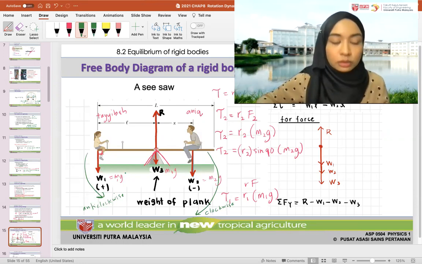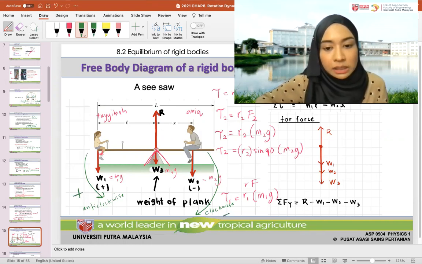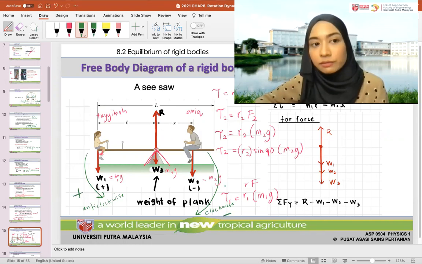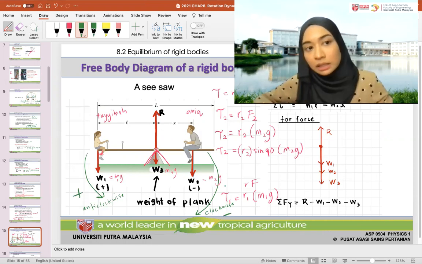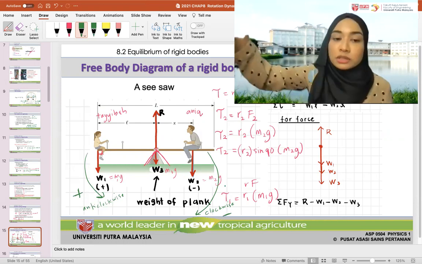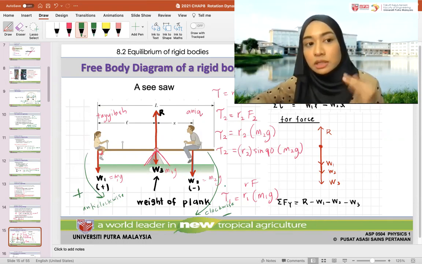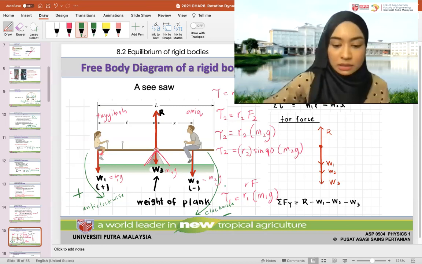For torque, anti-clockwise will be positive and clockwise will be negative. Just like forces, we had the positive and the negative: to the right was positive, to the left was negative, going upward was positive, going downward was negative. Anti-clockwise for rotational motion is positive and clockwise is negative.